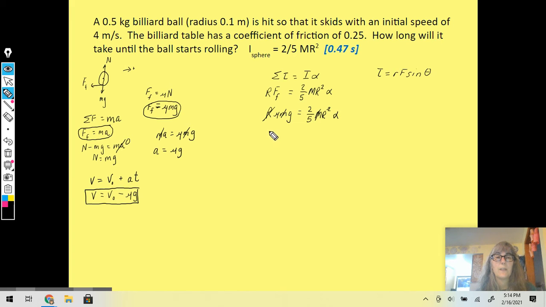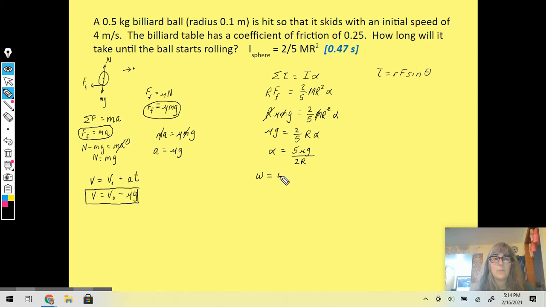So we have mu g is equal to 2/5 r alpha. Now what we really need is alpha. Rearranging that equation, I have 5 mu g over 2r is equal to alpha. So now we're getting there.